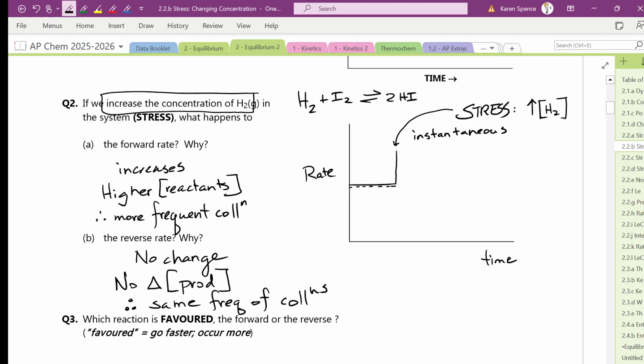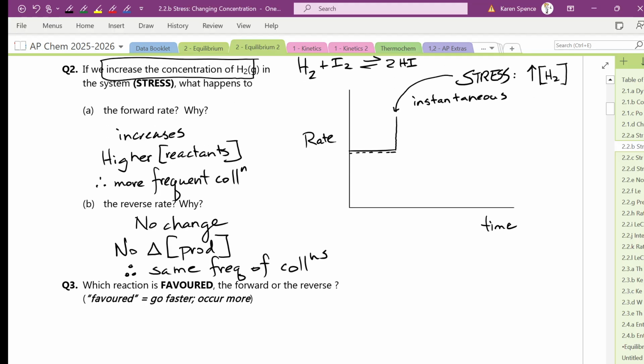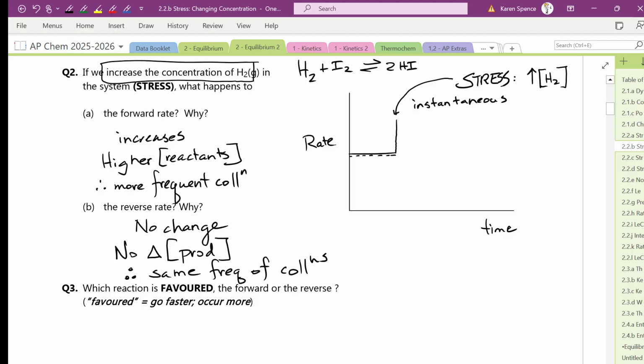So at this point in time, now there's different usages of the word favored. We can say products are favored, which means when we are at equilibrium, we are sitting more towards the products. We got more products than reactants. We can say the reactants are favored, which means at equilibrium, we have more reactants than products. But we can also say during the shift, which reaction is favored.